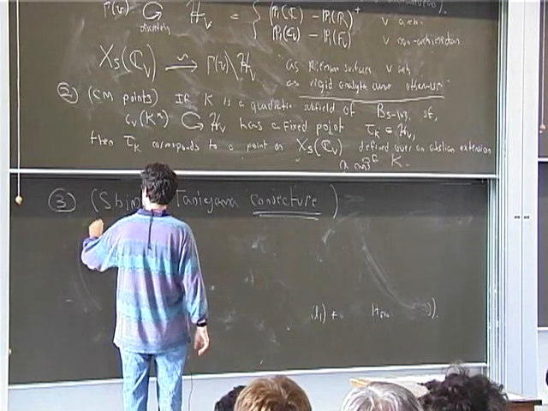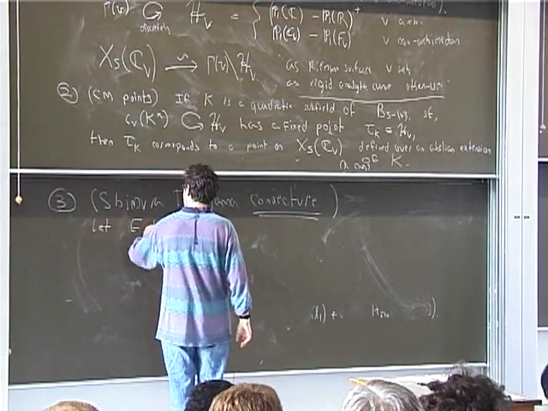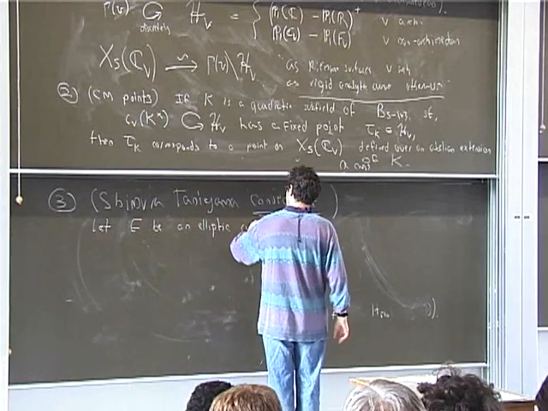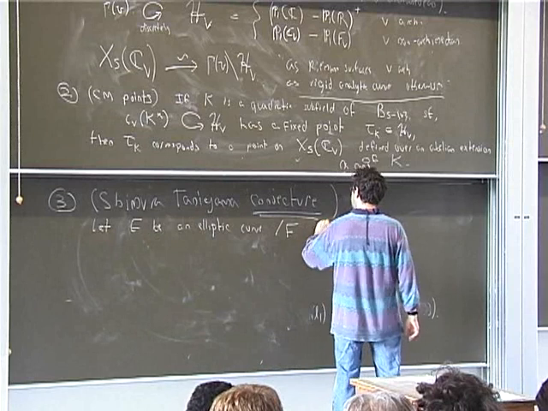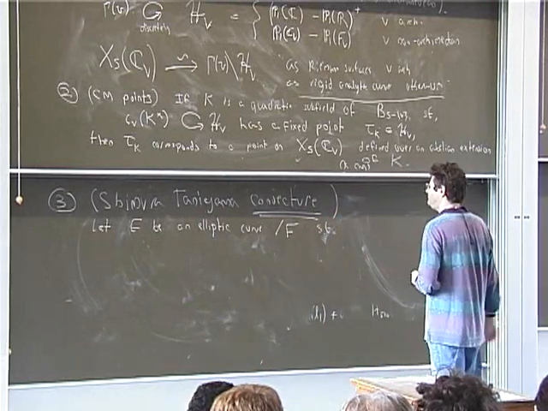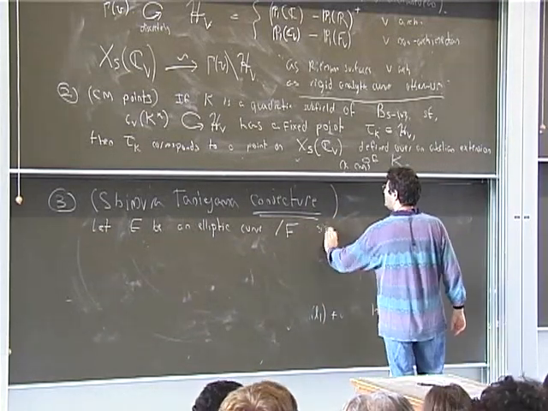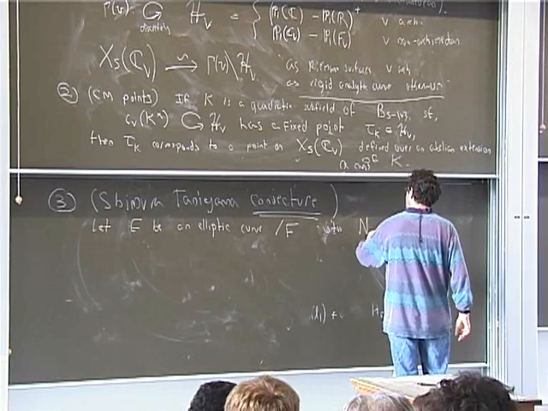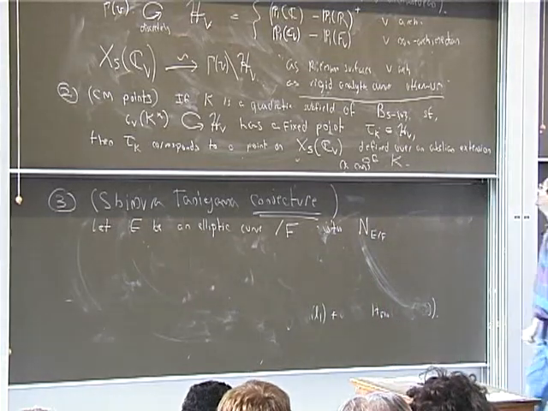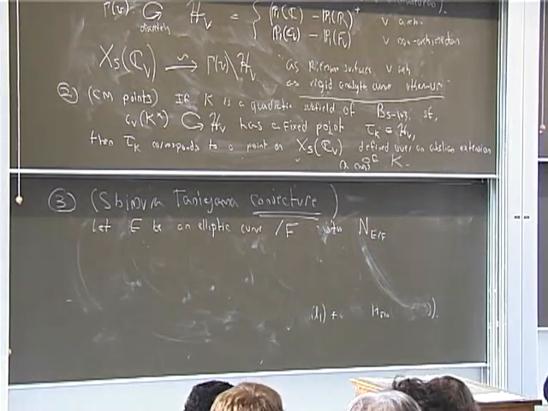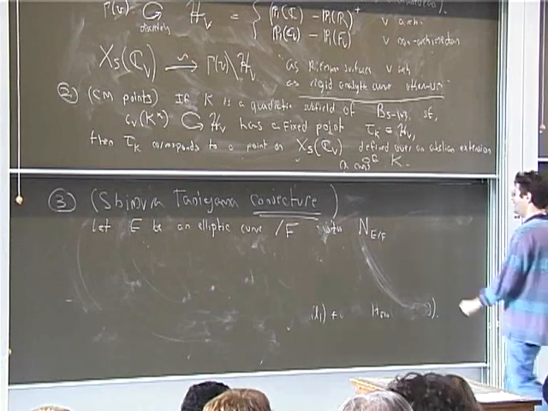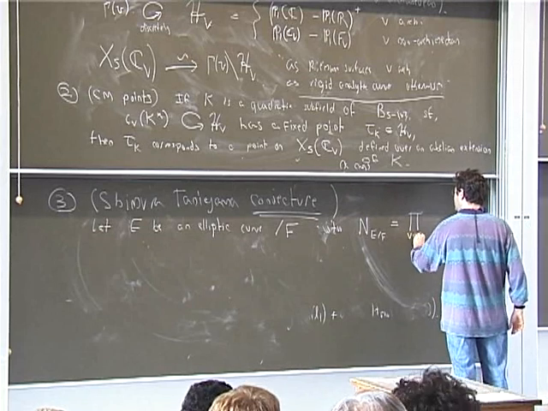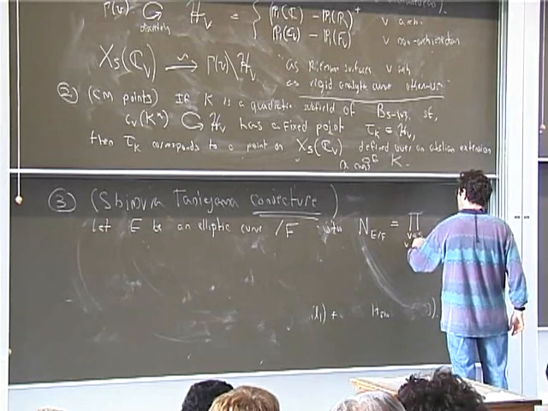And so the Shimura-Taniyama conjecture says: let E be an elliptic curve over F, of conductor, with the conductor of E being N_{E/F}. So the conductor in general is an ideal of the ring of integers of F. And the conductor should be exactly the product over the places of S which are non-Archimedean.